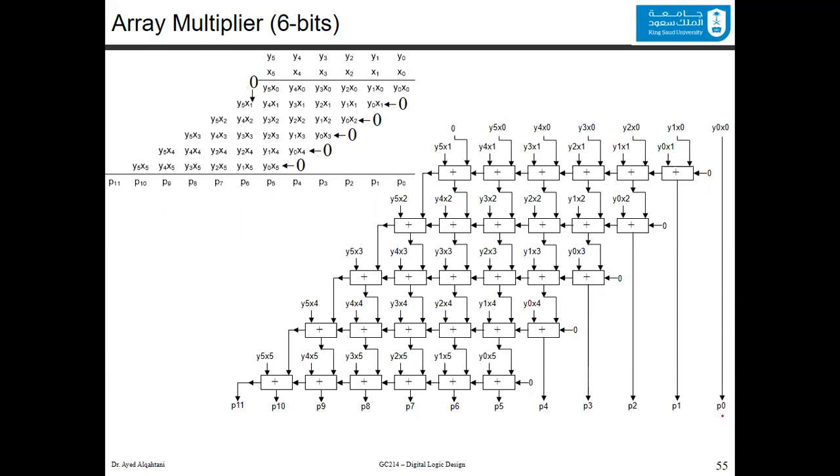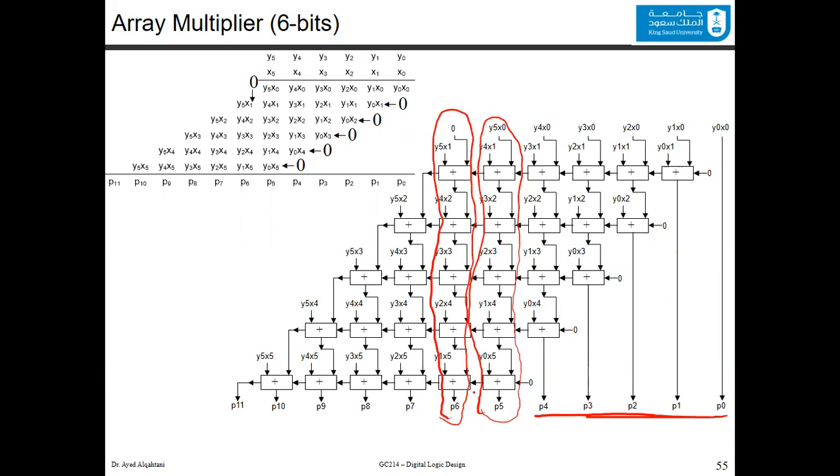You will get P0, P1, P2, P3, P4 this way, and you will find that P5 has this chain of adders. Also, P6 has this chain of adders, which is the maximum number of adders vertically, and it will be reduced to generate the partial product tree.